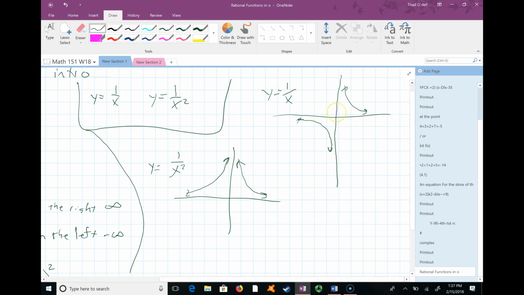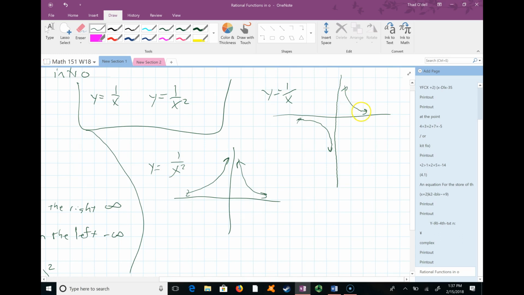They both have a vertical asymptote at x equals 0. That's not surprising, because when you plug in 0 for x, we get undefined. Same thing here. So these have vertical asymptotes on the y-axis, at x equals 0. They also have what are called horizontal asymptotes. We've talked about the end behavior of these things, the end behavior of 1 over x. In other words, what happens to the y's as x goes way out to the right?